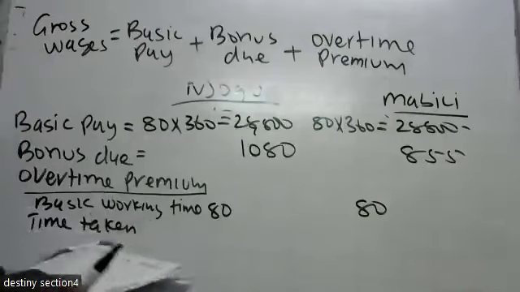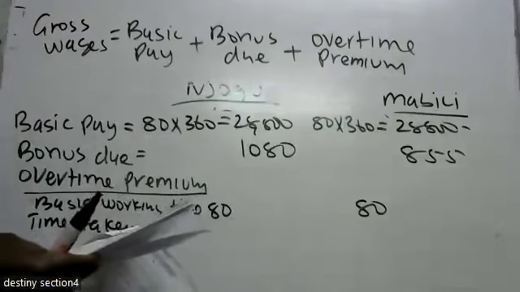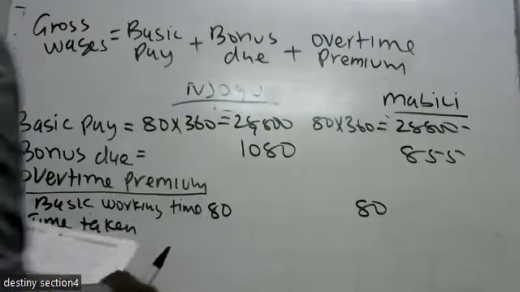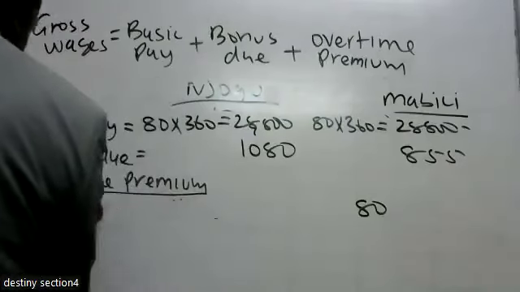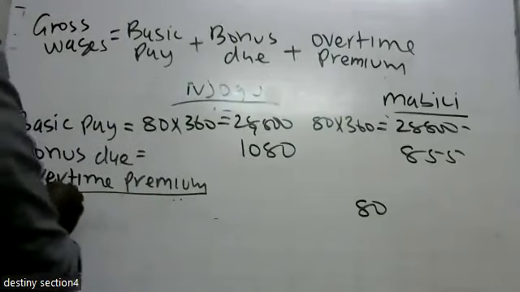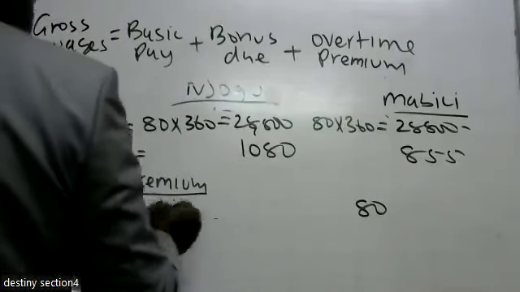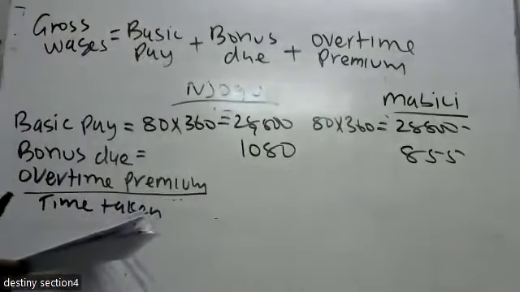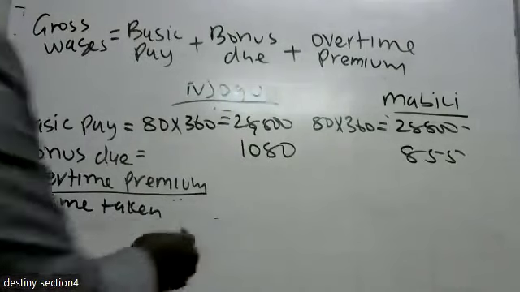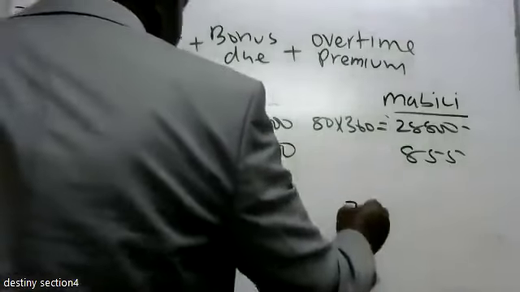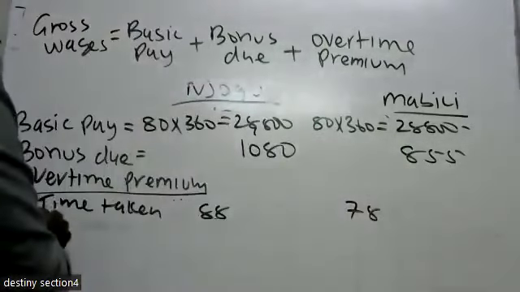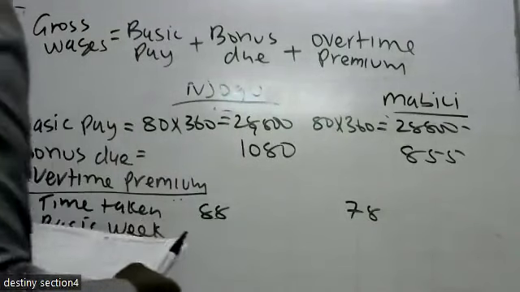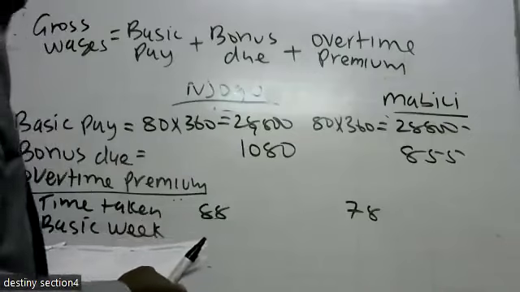So time taken, there is 88 and 71. But the basic week, there is 80.